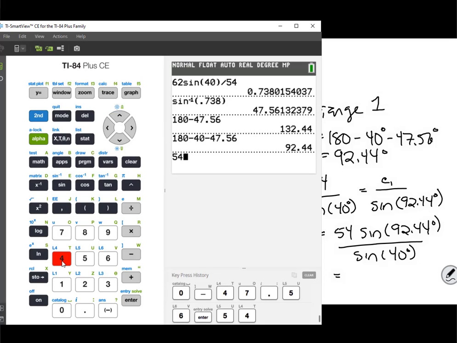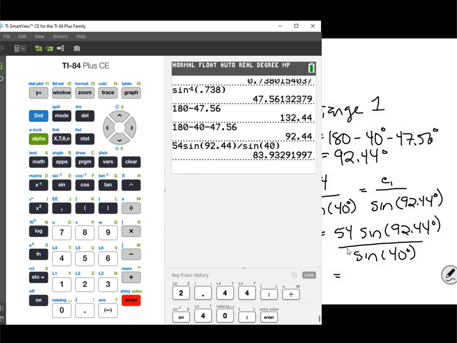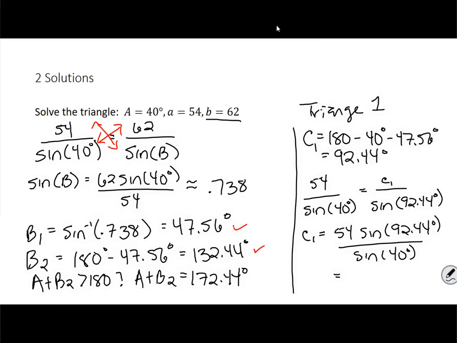So that's 54 sine of 92.44 divided by sine of 40, and I get 83.93.